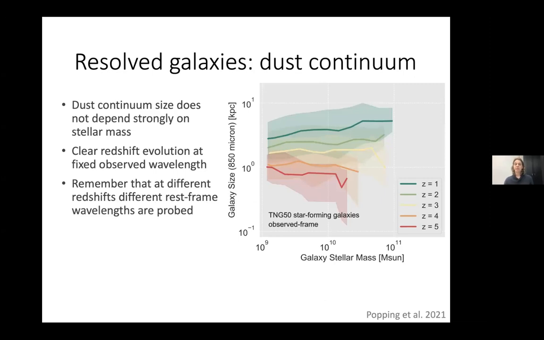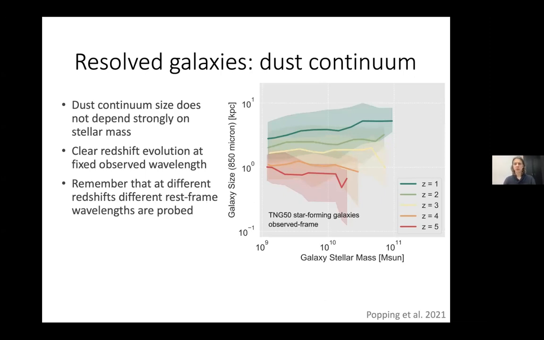And then what you get is the following: a predicted mass-size relation of galaxies for the dust continuum. On the x-axis here, you see galaxy stellar mass. On the y-axis here, you see the size of galaxies at an observed wavelength of 850 micron. And there's a number of takeaway points here already.